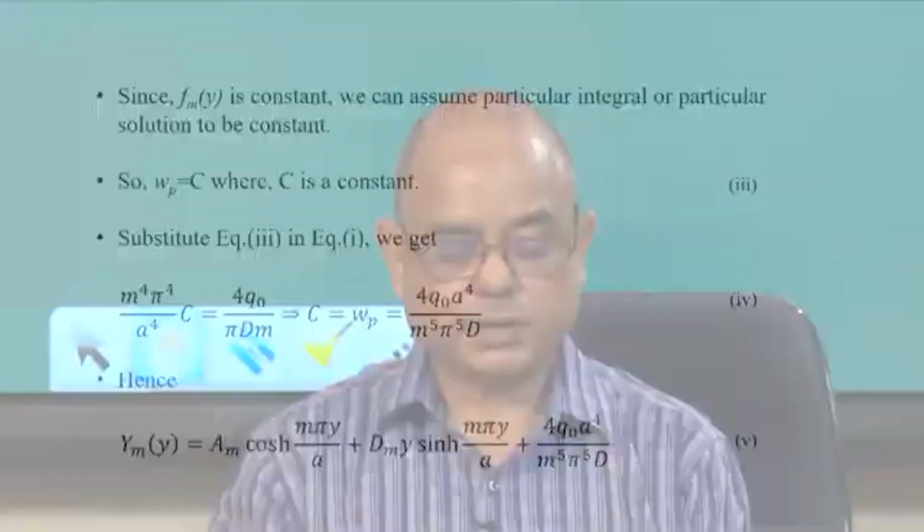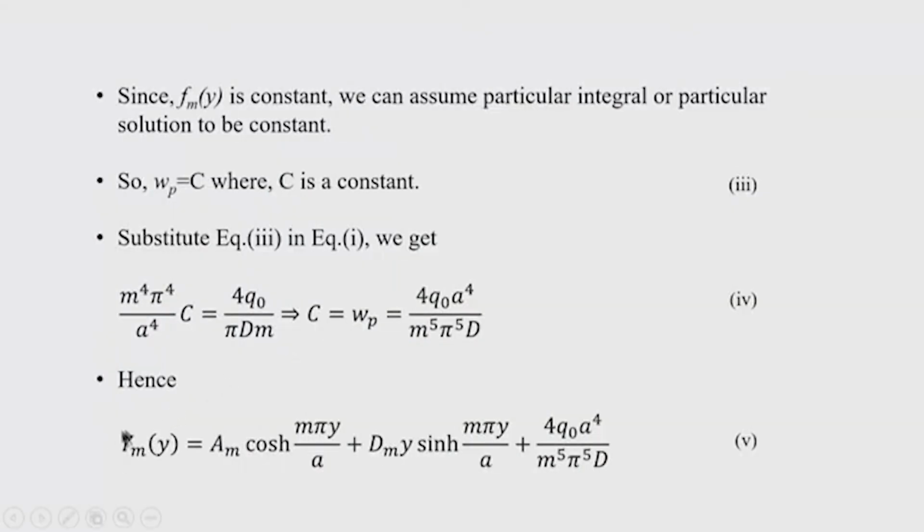When the second term, that is 3, is taken, 3 to the power 5 in the denominator will decrease the value drastically. So, the series will rapidly converge after taking a certain number of terms. Hence, the complete solution for y m y is equal to a m cosh of m pi y by a plus b m y sinh of m pi y by a plus 4 q naught a to the power 4 divided by m to the power 5 pi to the power 5 d. D is the flexural rigidity.